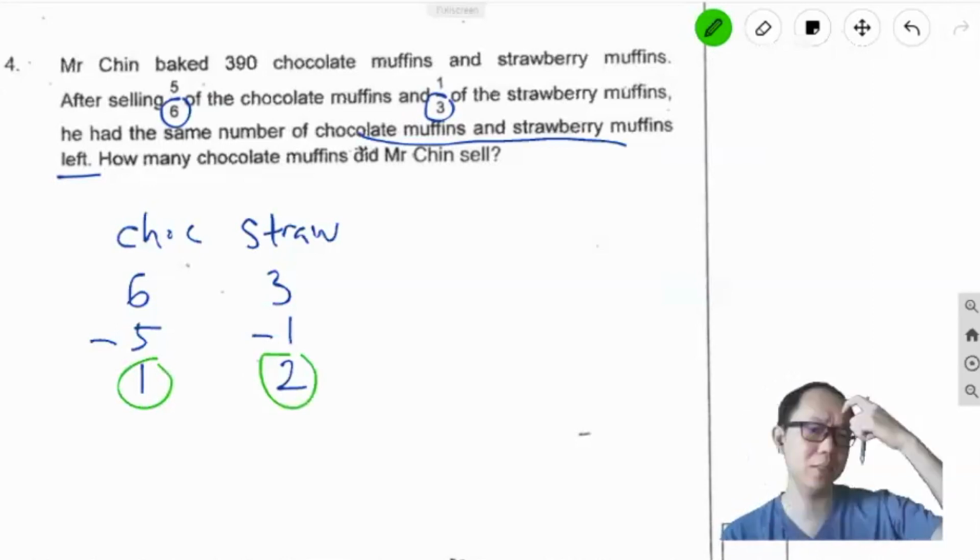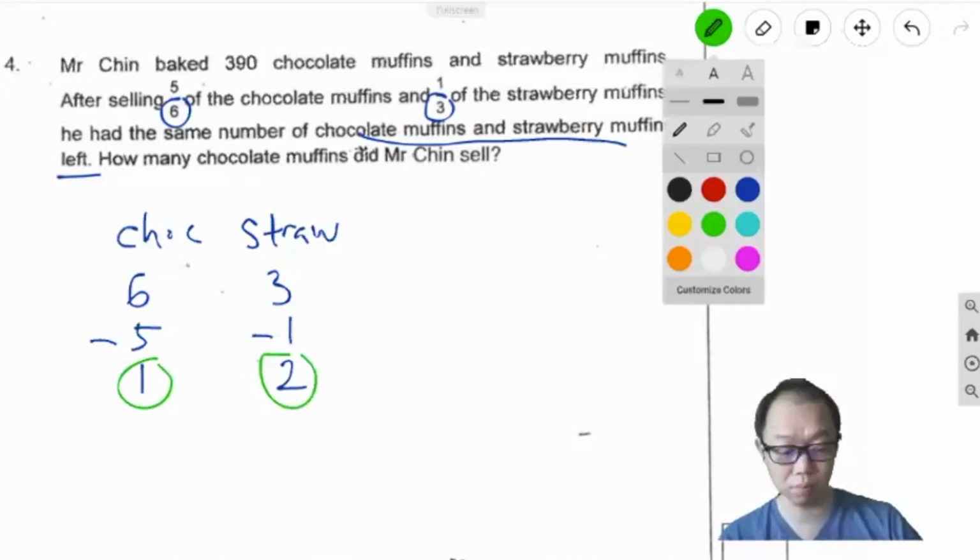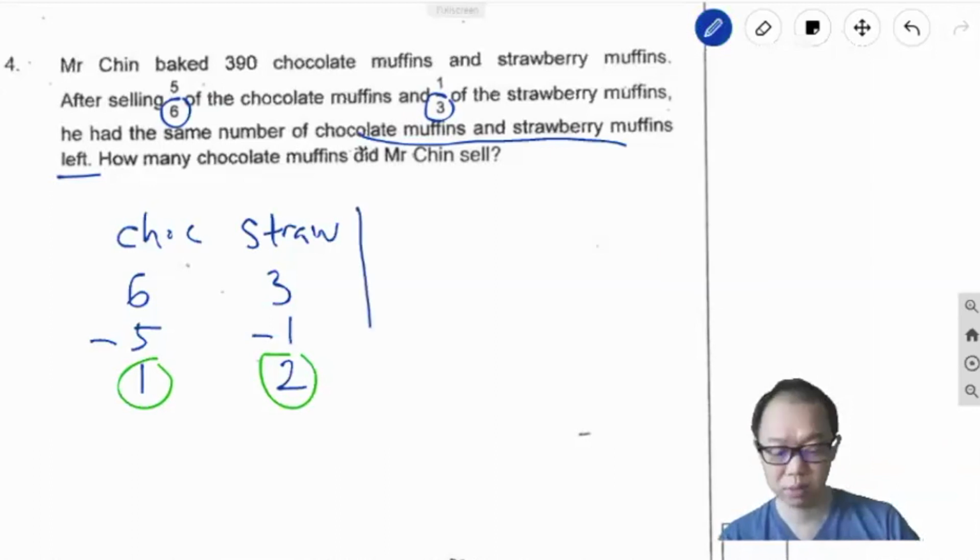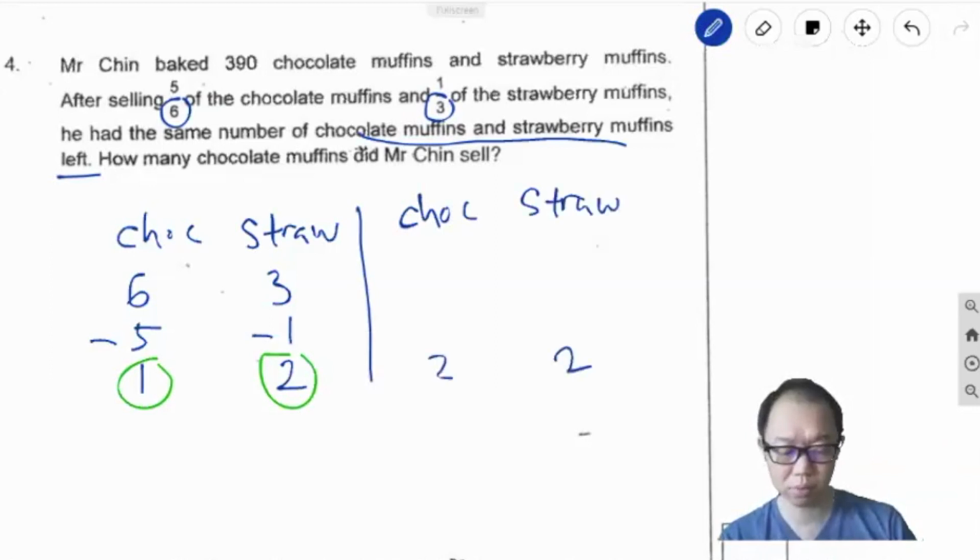I must make the 1 equal to 2, then I can do a comparison. I'm gonna draw this chocolate and strawberry. I want this to be 2, 2. So 3 minus 1 is still 2.